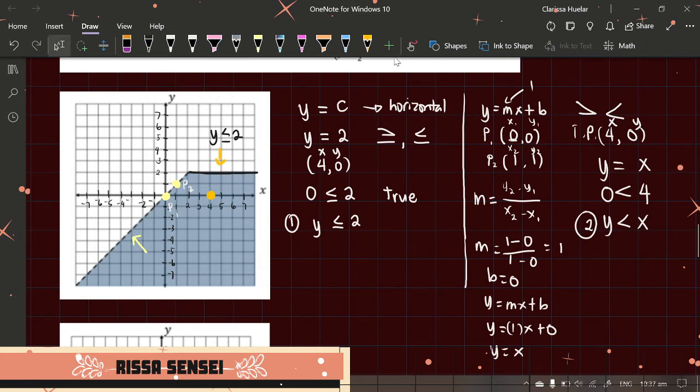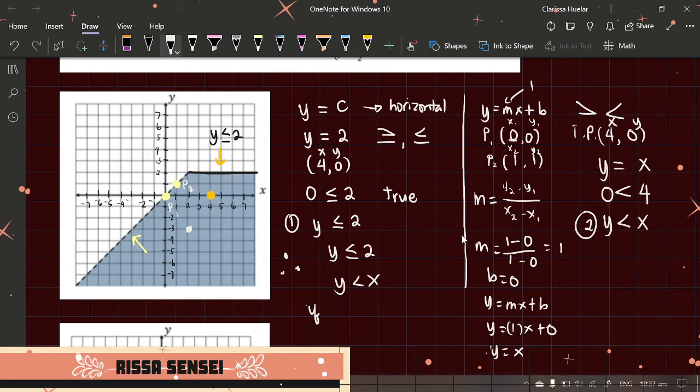Kapag to be sure kung ito nga yung ating system, our final answer here is y less than or equal to 2 and y less than x. Mag-locate pa tayo ng isang point na nandito sa ating shaded region. So, halimbawa, 2, negative 3.